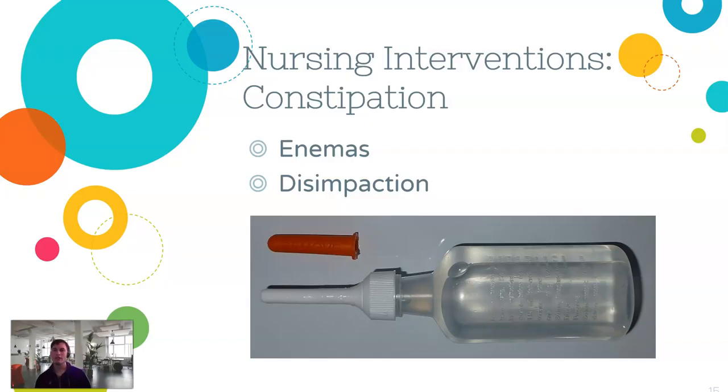So when we focus in on enemas and their use, there are really two groups that you would want to think of: cleansing and retention. A cleansing enema can be anywhere from a small amount, think like 120 mLs, all the way to 1,000 mLs, so like an IV bag. These are utilized for treatment of severe constipation or impaction.